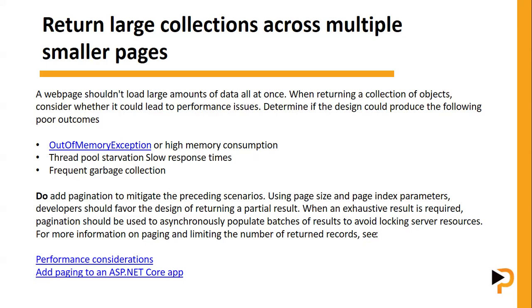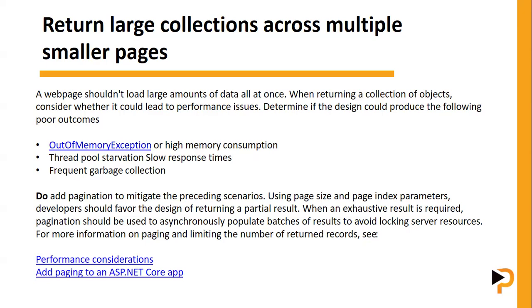What is the solution? We just add pagination to mitigate the preceding scenarios and use page size and page index parameters to divide the data, and developers should favor the design of returning partial results. So instead of sending the whole result in one response, we can divide the result based on indexing and page size.